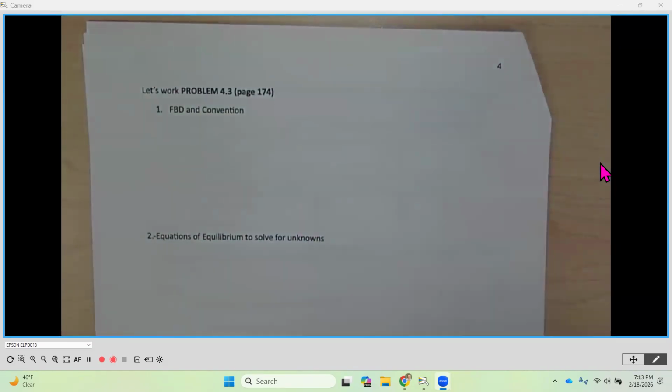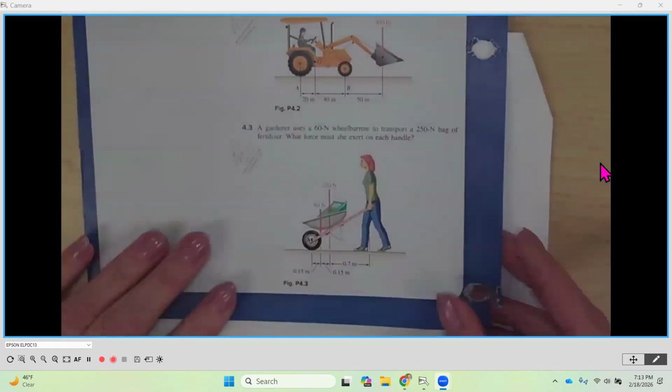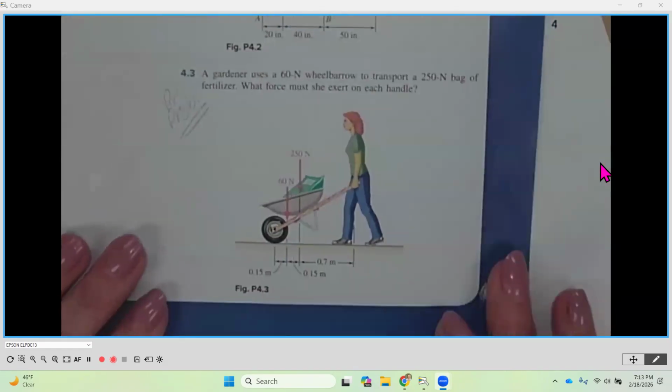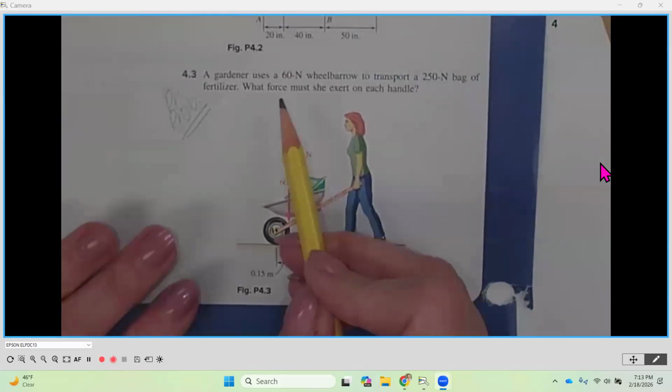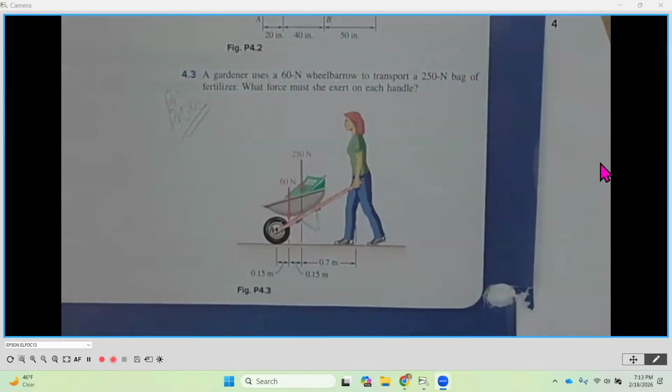The next problem we're going to do is on that very same page, and it is problem 4.3. We have a gardener who uses a 60 Newton wheelbarrow. Whenever a problem identifies a 60 Newton wheelbarrow, that's telling us the weight of that item.